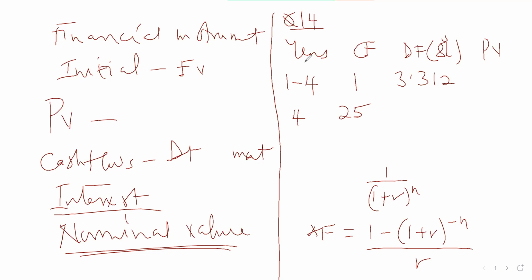So this will be calculated as 1 divided by 1.08 exponent 4. What are we getting? 0.735.